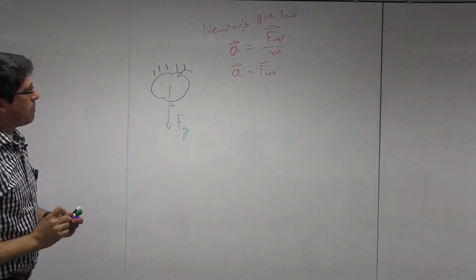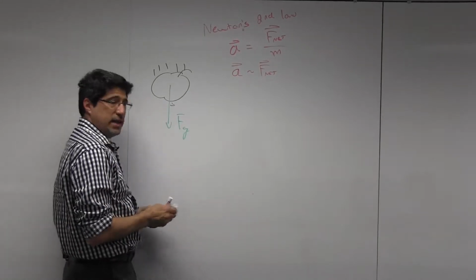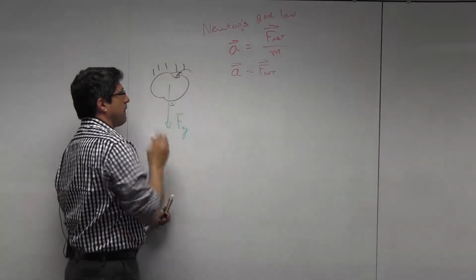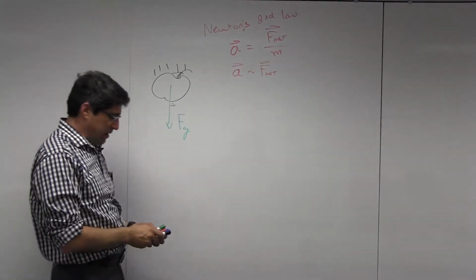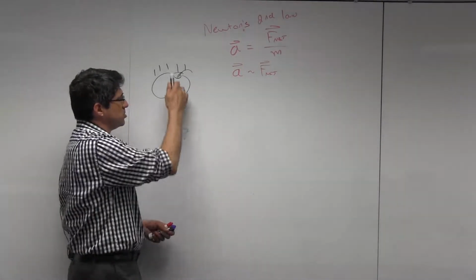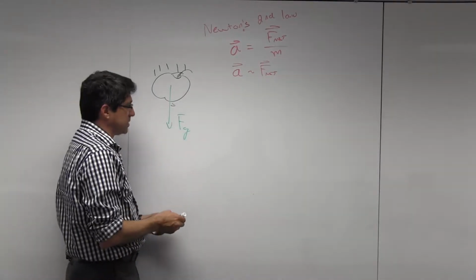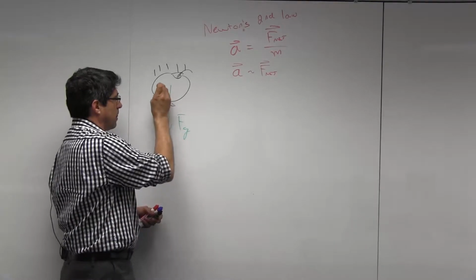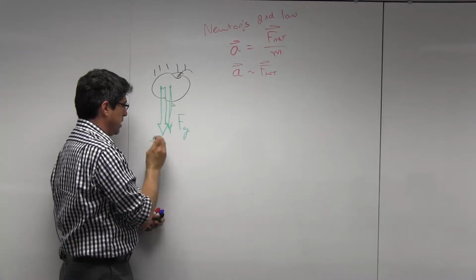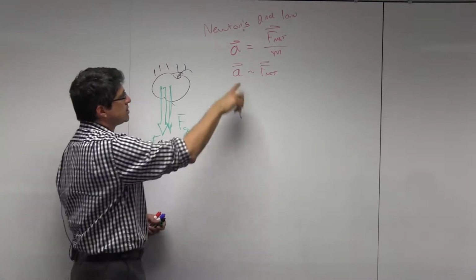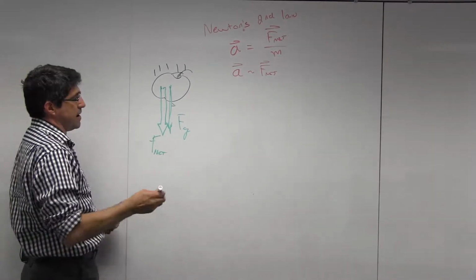Let's consider the apple now. An apple that's in the air feels only the acceleration of gravity, and that is straight down. In the absence of any other forces, the net force is as long as this one, and so the acceleration is simply proportional to the net force.